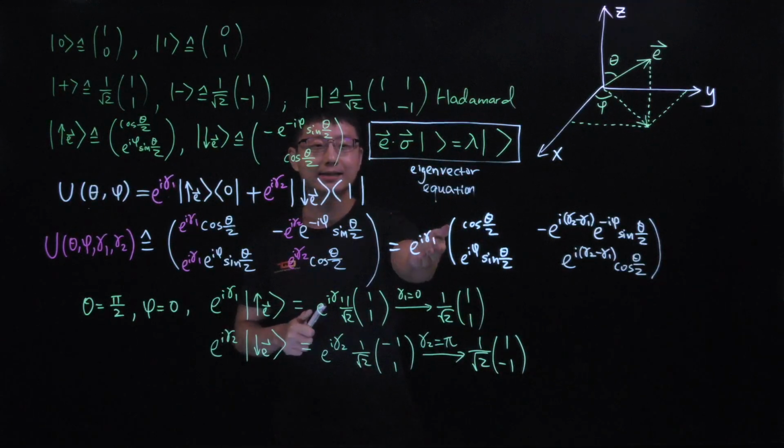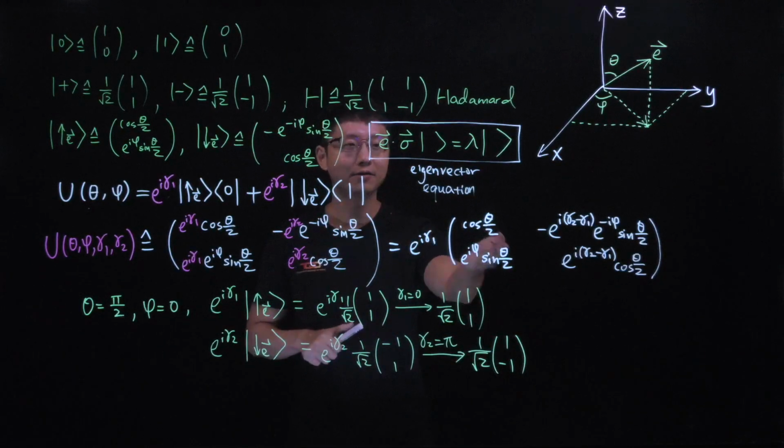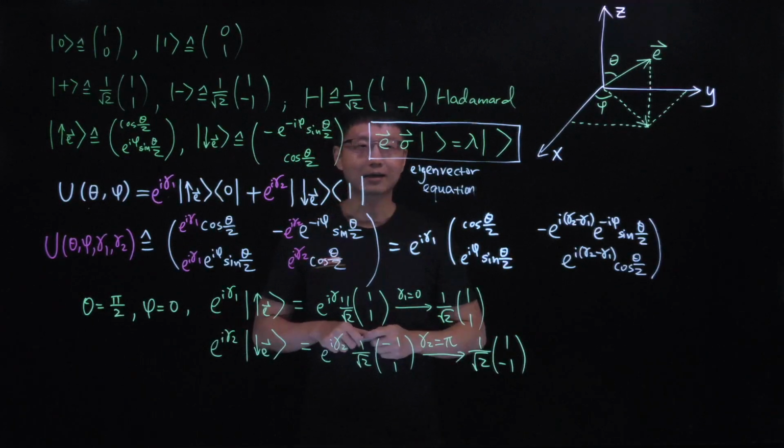Now, we recognize that e to the power of i gamma 1, this overall phase factor in front, is just a global phase factor that has no physical significance.